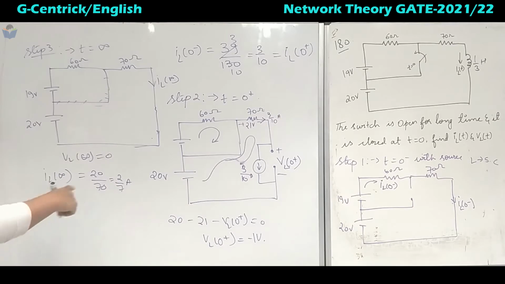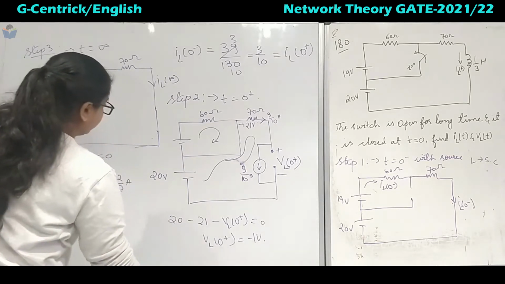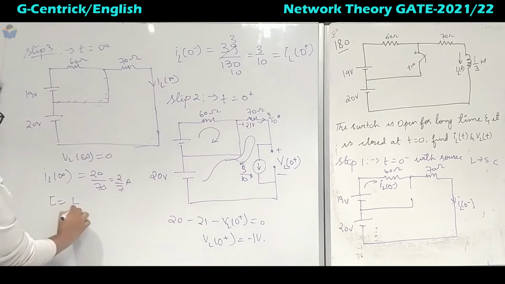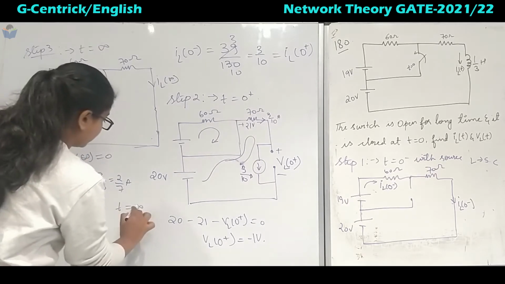So we have got all the initial and final values, but one is left, that is the time constant. How do you calculate the time constant? This is an RL circuit, so it will be L equivalent upon R equivalent. The time constant is calculated at steady state itself.